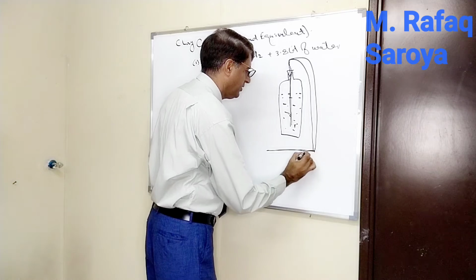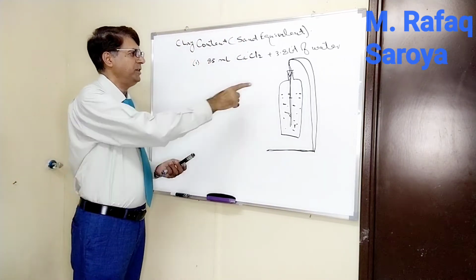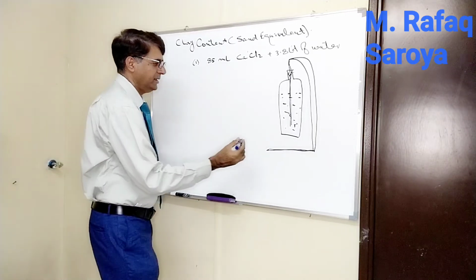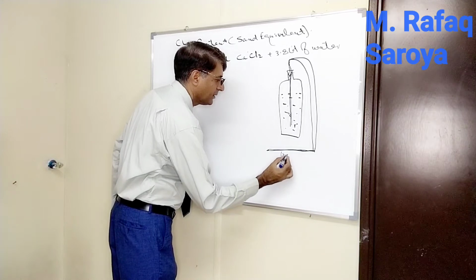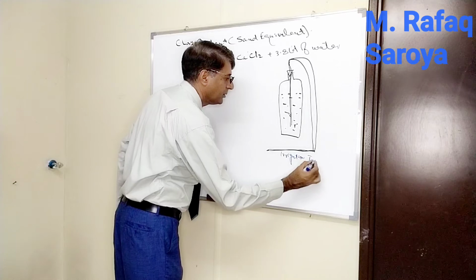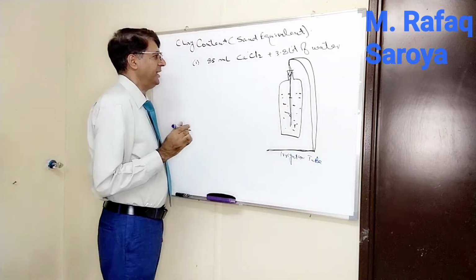This is now our irrigation tube, which is used for washing. This is our solution which we have prepared, and second, this is the irrigation tube to take out the solution in order to wash the aggregate.